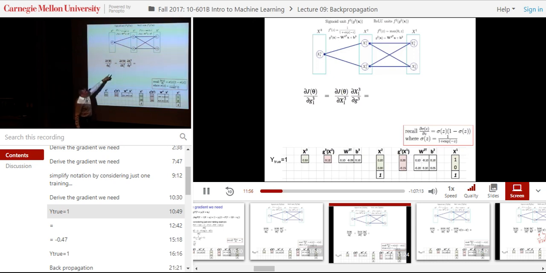And what is that? Well, here's formula number 2 that you should remember for this course, which is if you ever have the sigmoid function, the function we're using here for f3, then a wonderful property of this function is that the derivative of its value with respect to z can be written this way. It's just the output of the function times 1 minus the output of the function.